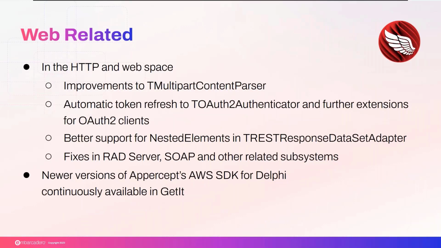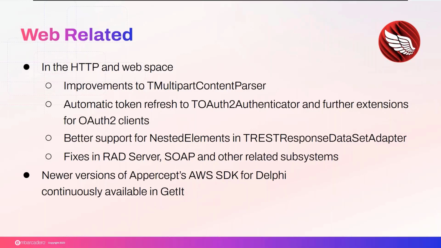And on the web side, improvements to the multi-part content parser, automatic token refresh to TOAuth2Authenticator. So if you're using sign in with Facebook or Google or stuff like that, now it's handled in a much better way, the token refresh. Better support for nested elements in TRESTResponseDataSetAdapter.